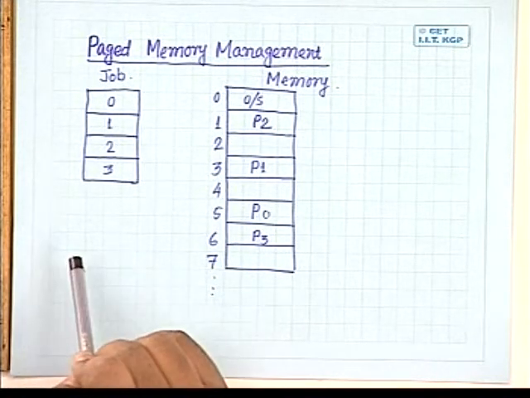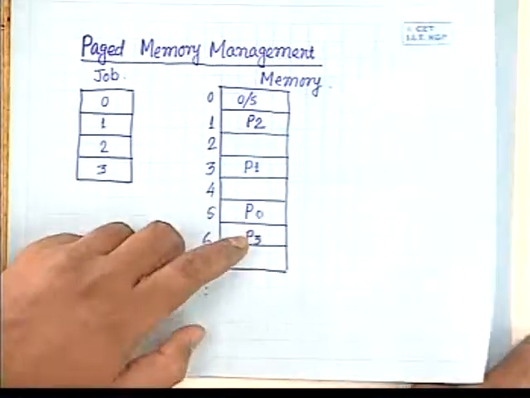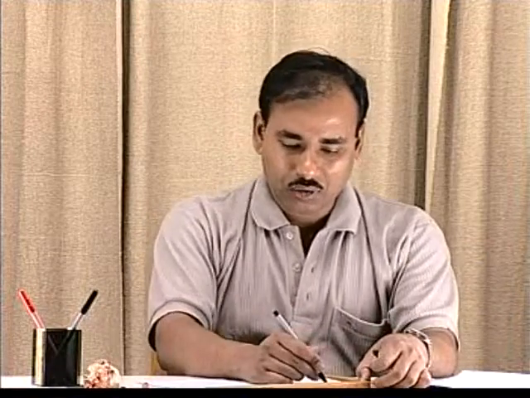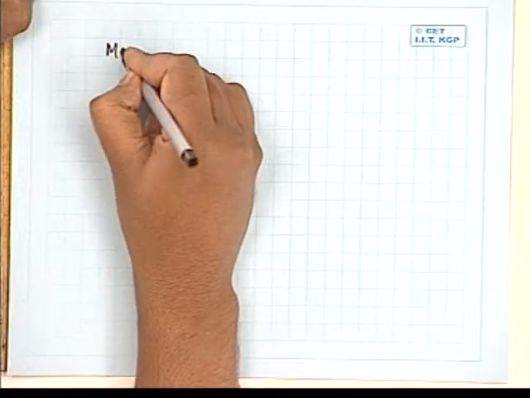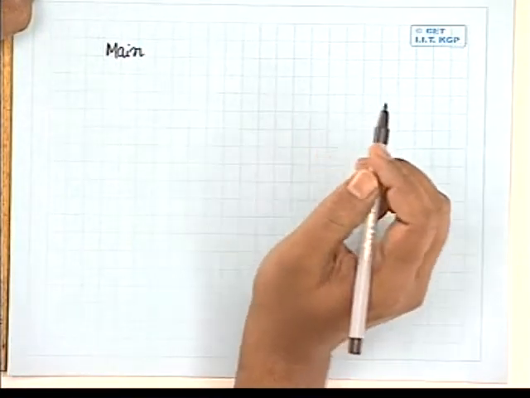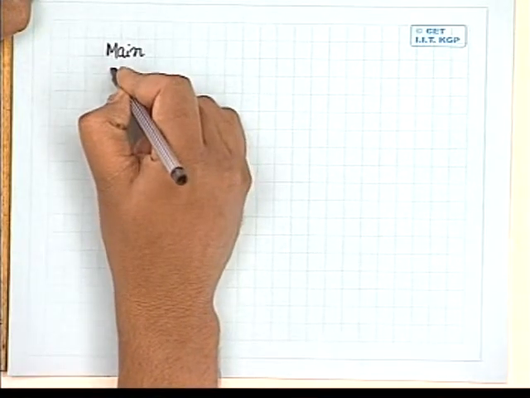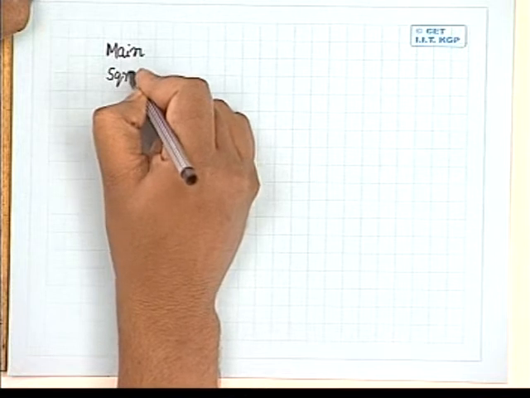But when you go for segmentation, suppose a program consists of a number of modules. Obviously, whenever we write a program, one of the modules will be a function which we call the main function. There is a function called main. I can write a function for finding out the square root of some values.